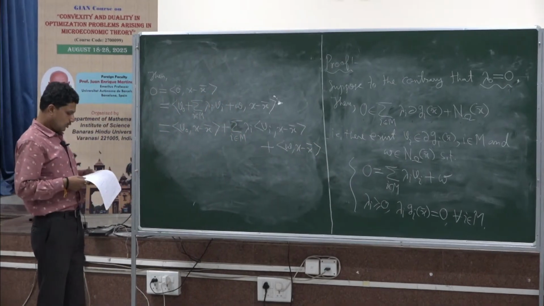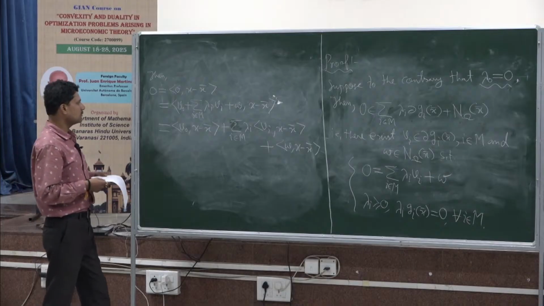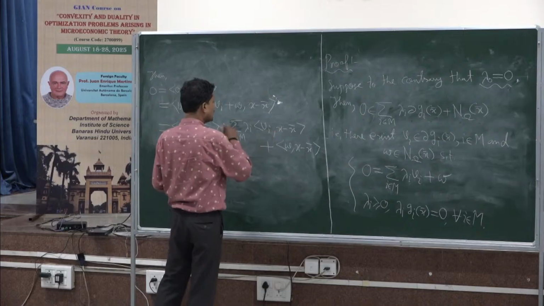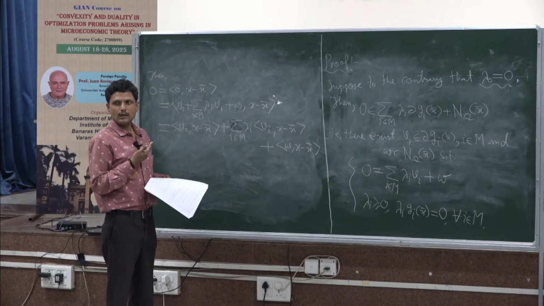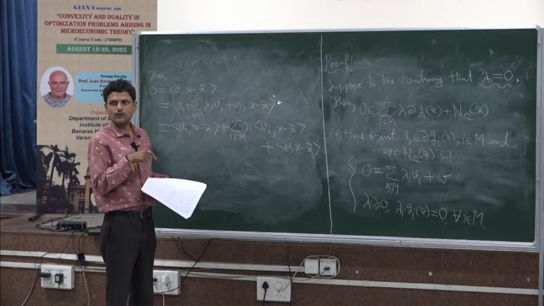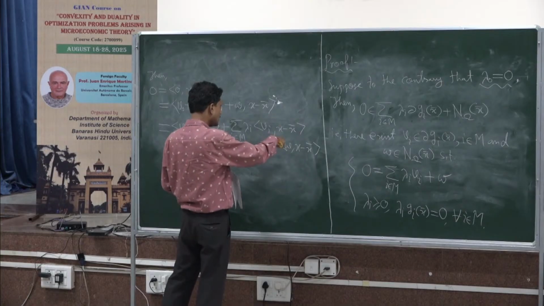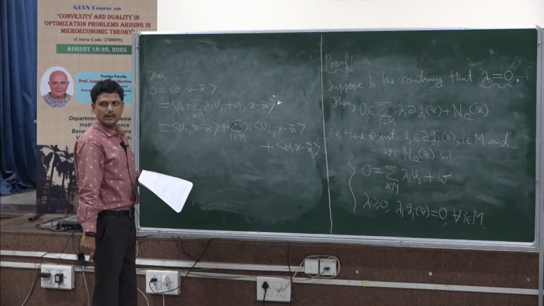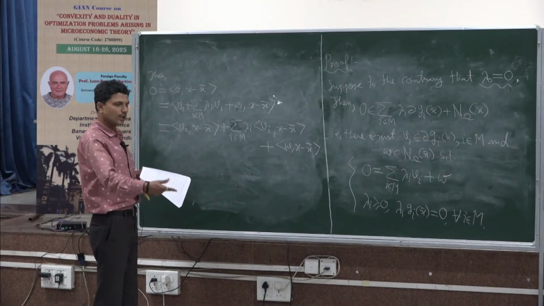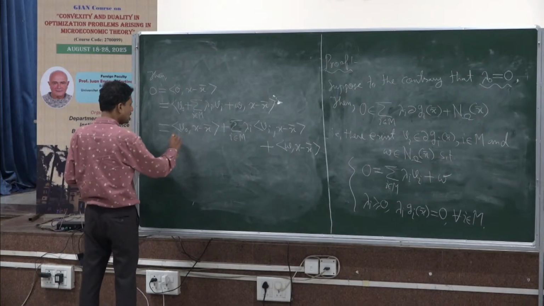Now it's time to use the convexity of the function. So again this Vi (x minus x bar) is associated with the subdifferential of Gi, right. So this term will be what? This will be less than or equal to Gi(x) minus Gi(x bar). And same for this thing.